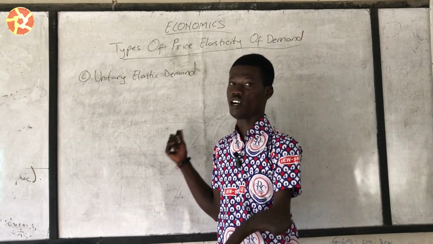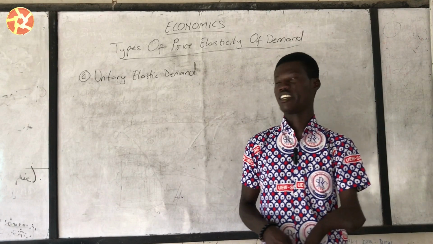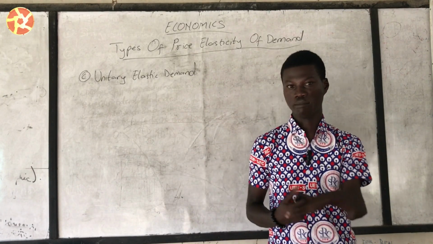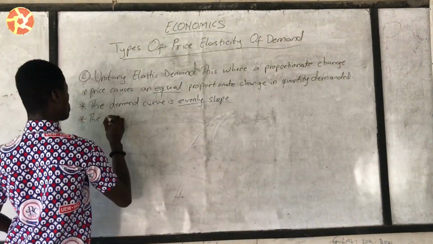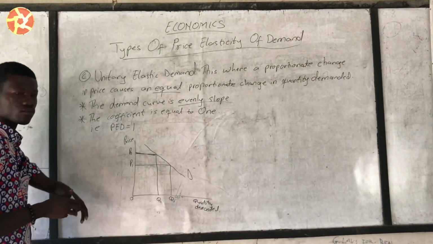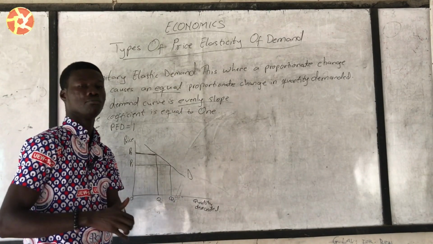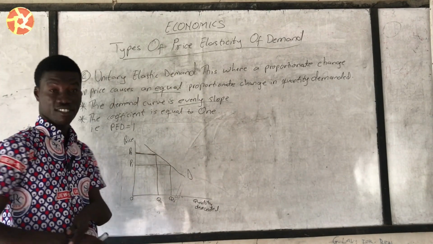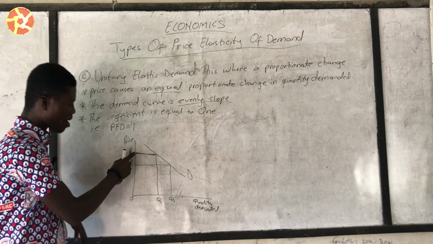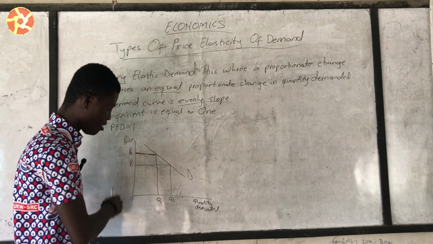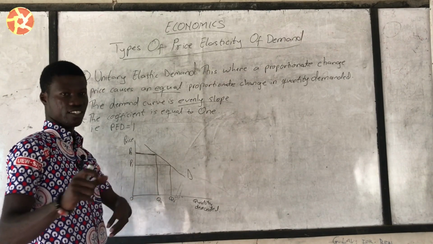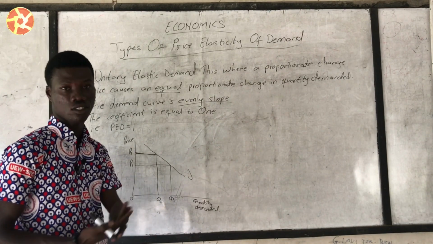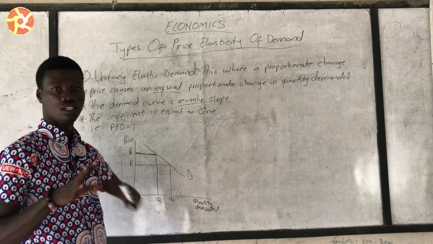So let's draw something down and see how we draw the unitary elastic demand. All right, even though the curve is not drawn to scale, you can see that the change in price is almost the same as the change in quantity demanded. But when it is drawn to scale, the changes are actually equal.